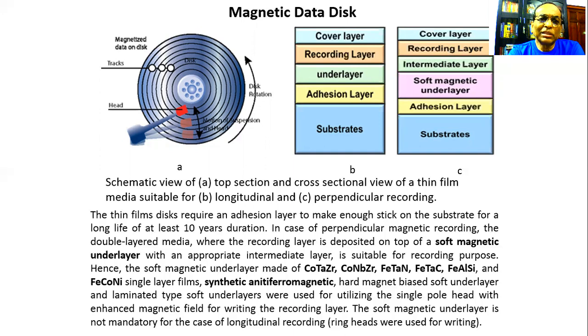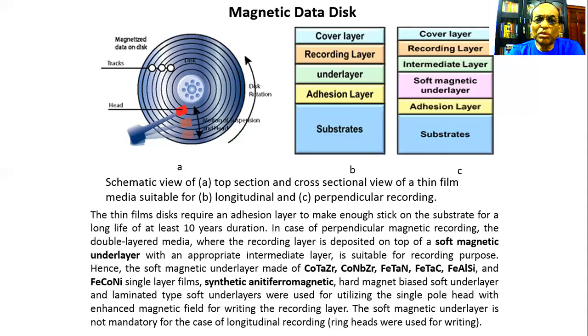A magnetic data disk has several tracks and the head is fixed at a point, and when the disk is rotating, the head follows the tracks, and radial movement is given to the head by the motion of the suspension of the head. The disk rotates in the anti-clockwise sense.